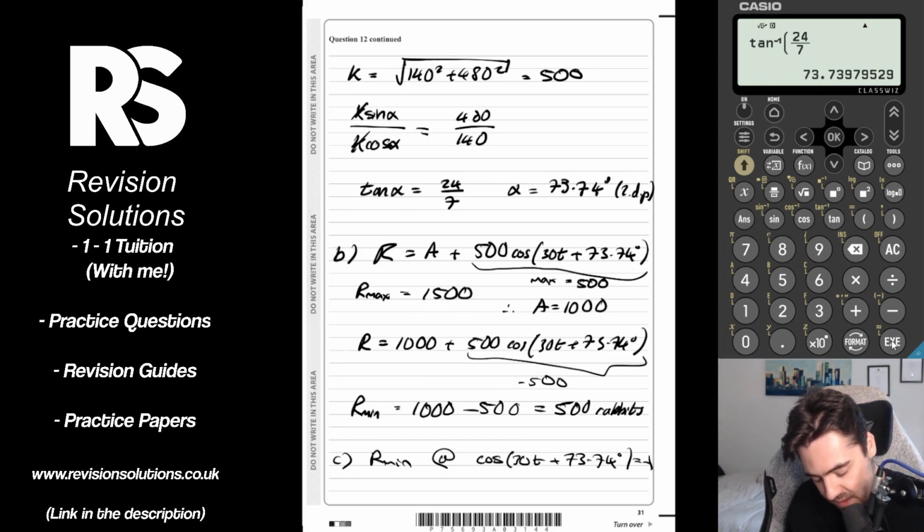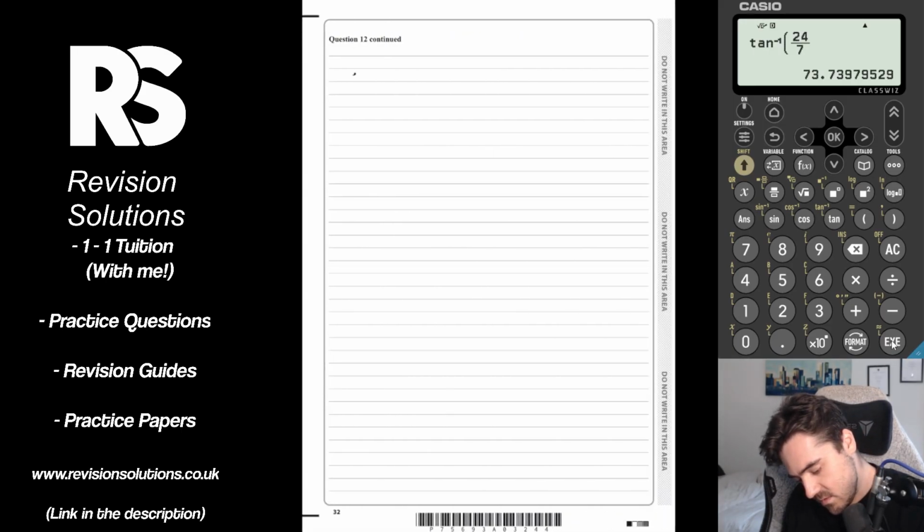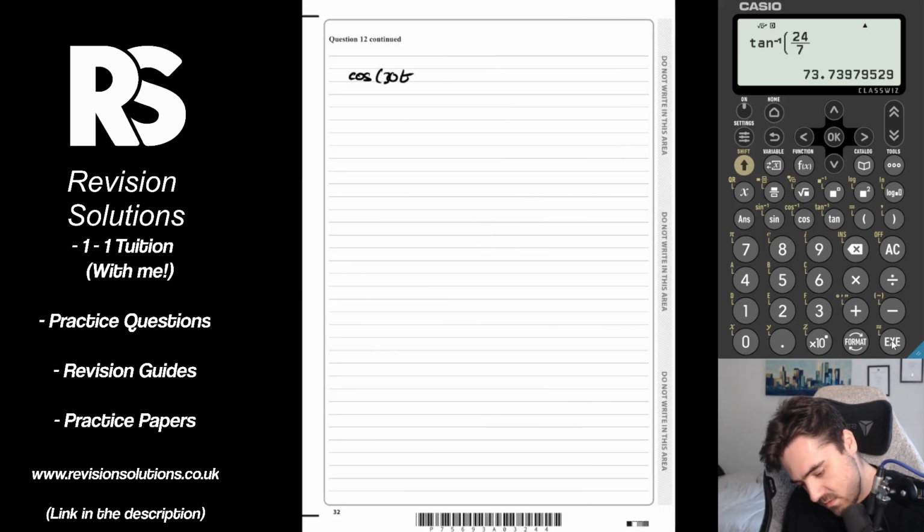So we need to solve that equation and see what it tells us for t. So let's write that on the next page. cos(30t + 73.74) = -1. So let's start with thinking about 30t + 73.74 then.